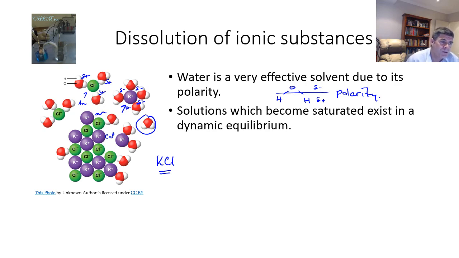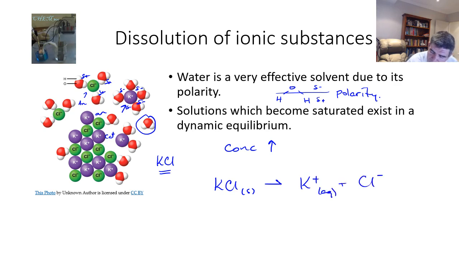Now, one thing that's important to remember is that as the solid is dissolving, or the ions are separating out, dissociating from one another, the solution is becoming more and more saturated. So its concentration will be increasing. And that's because the reaction of KCl solid is initially going to K+ ions in aqueous solution and Cl- ions in aqueous solution.